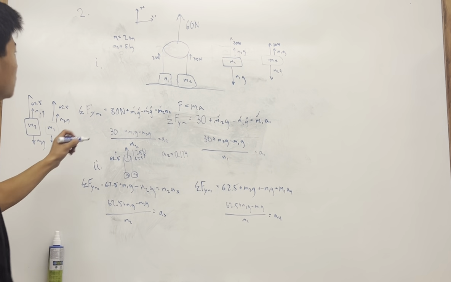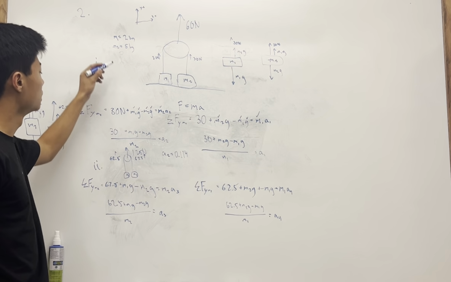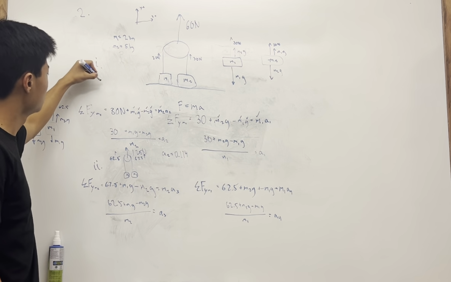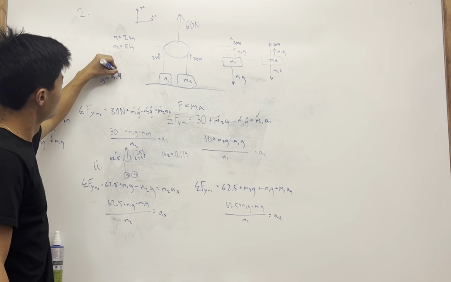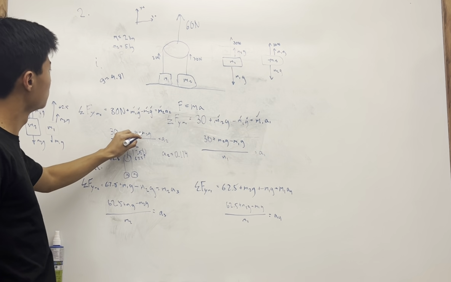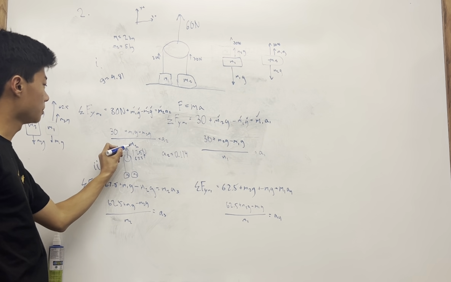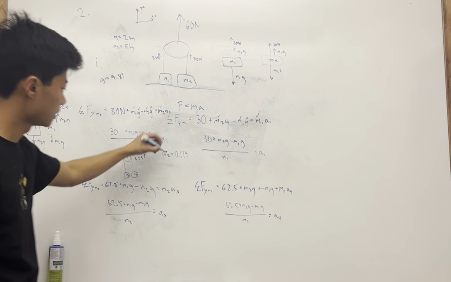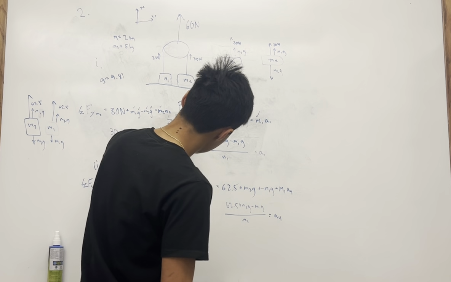I just plugged in 2 for mass 1, gravity is 9.81, and mass 2 is 5. Then I divide that by 5. I get this. This is in meters per second squared.